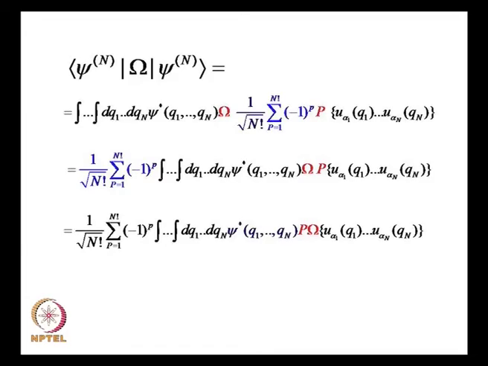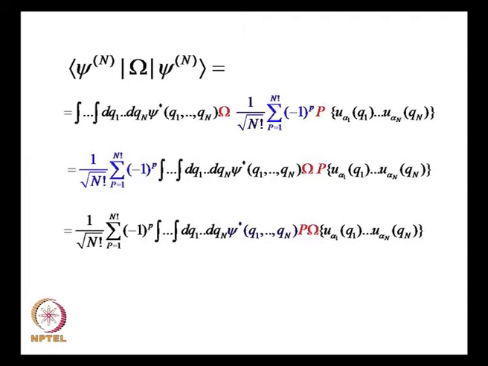In other words, omega commutes with the permutation operator, so you can write omega p as p omega, no problem there. It is because the interaction does not put a name or a number on the electrons, you can permute them any which way and the interaction remains the same.